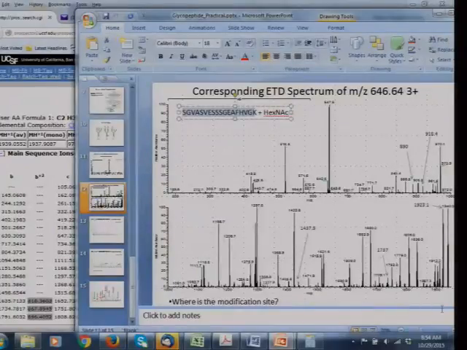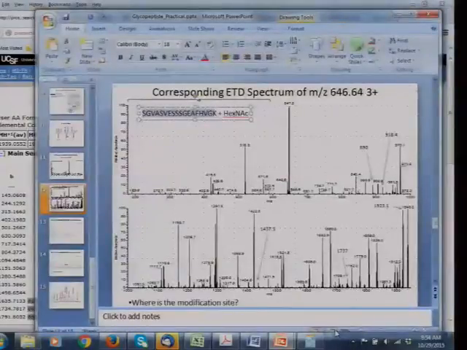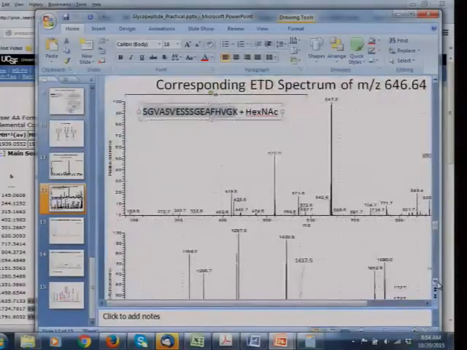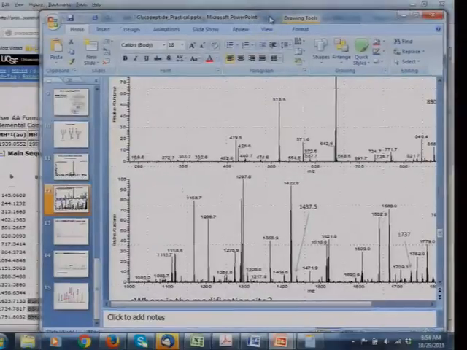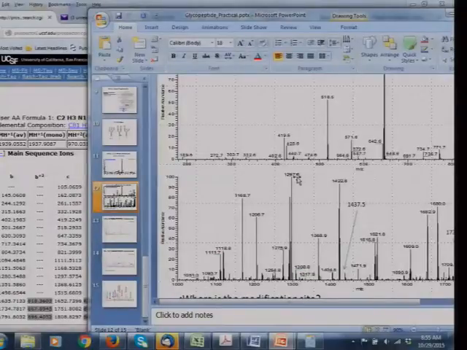It's very small, isn't it? 1168, 1297, 1368, 1515.